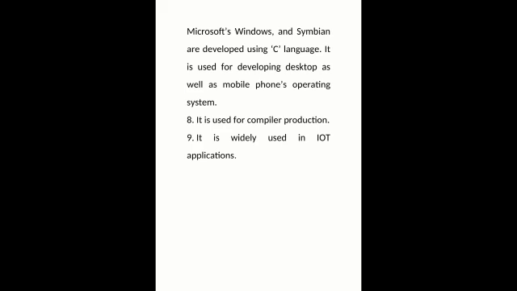Eighth, it is used for compiler production. The C language is used to develop compilers. A compiler converts the high level language that we write on the computer screen, that is code, into low level language, or machine language, or binary level language, and through that the computer understands.